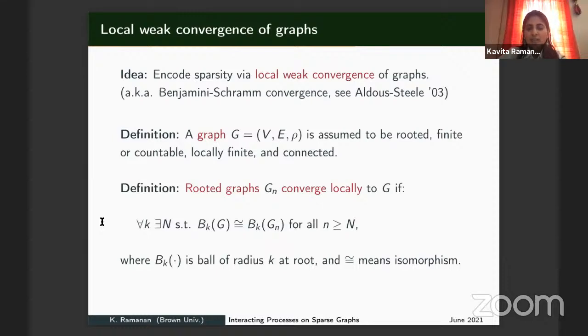And we say that a rooted graph G_n converges locally to G if for every finite neighborhood of the root, it becomes isomorphic. So this is saying explicitly that for every k, there's a large enough n such that there's an isomorphism from G_n to G such that these neighborhoods can be mapped to each other.